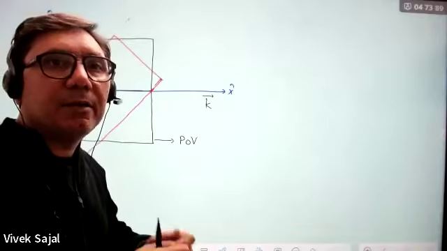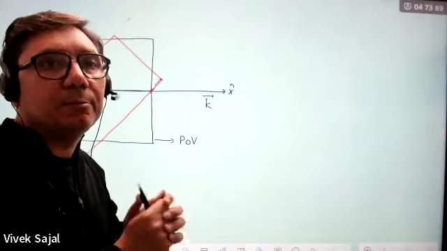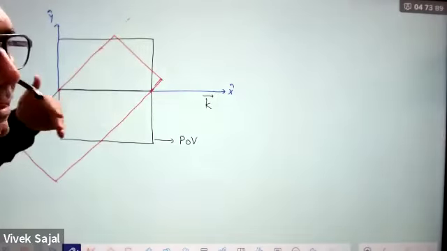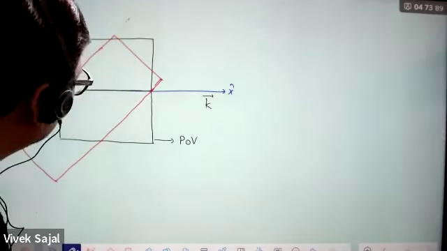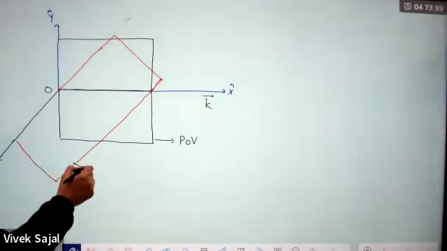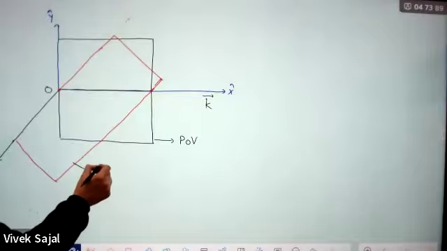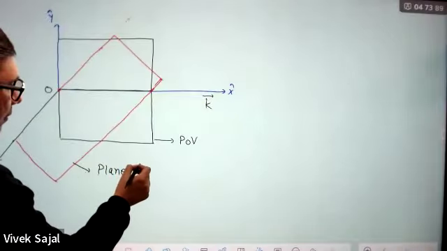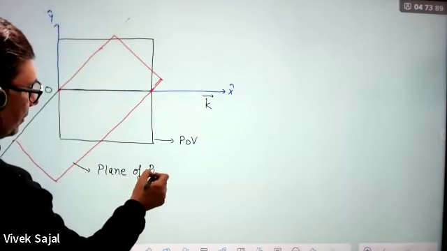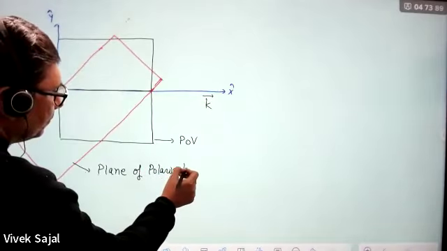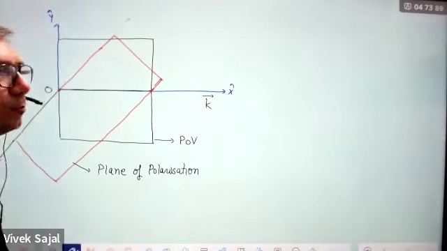That plane is called the plane of polarization of this plane polarized light. Where these two planes intersect each other, they intersect along the k vector. So this plane is called the plane of polarization.